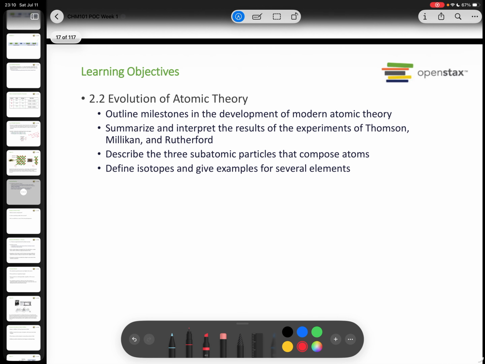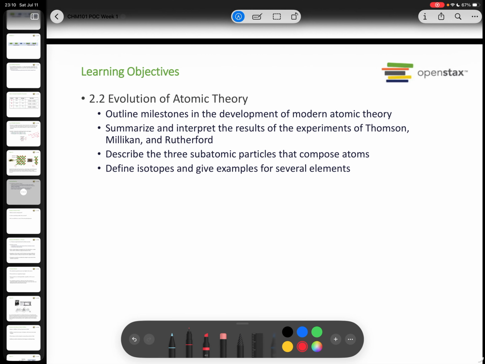Okay. We now move on from Dalton's atomic theory to the evolution of atomic theory, kung paano siya nagbago. By the end of this section, we should be able to outline the major milestones in modern atomic theory, interpret the experiments of Thomson, Millikan, tsaka si Rutherford.